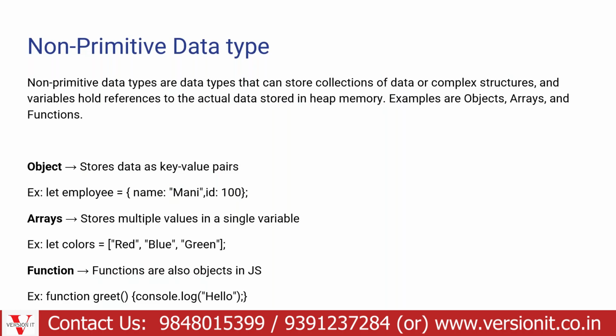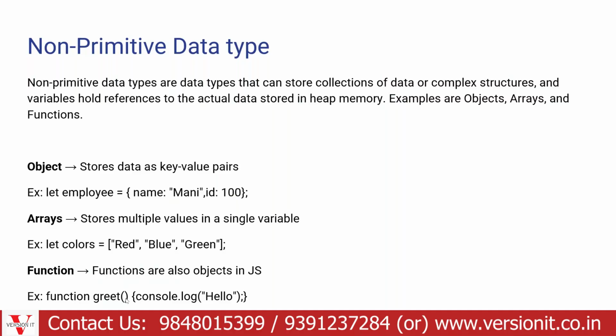Why are we telling this is also an object? When you tell this object, it is holding some data, employee data. Here functions also we are telling are objects. But how does a function hold the data?